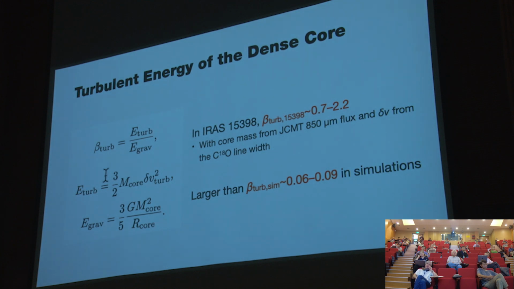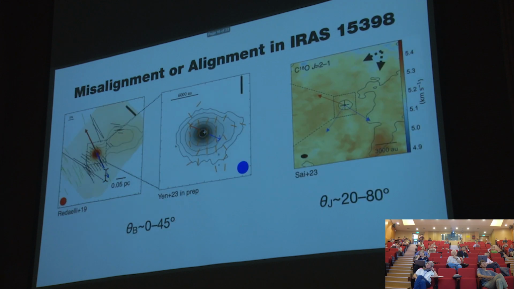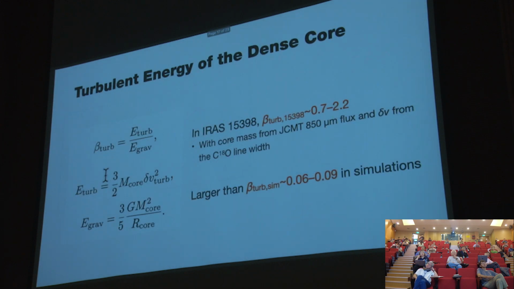We also check the turbulence energy in this dense core. Using the same map, one is the SCUBA-2 850 micron continuum, and the other one is a line map. Using this data, we calculated the core mass and non-thermal velocity, and we calculated the ratio between turbulence energy and gravitational energy, and we got this kind of number.